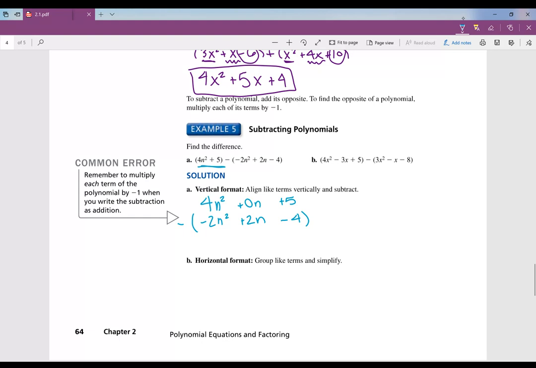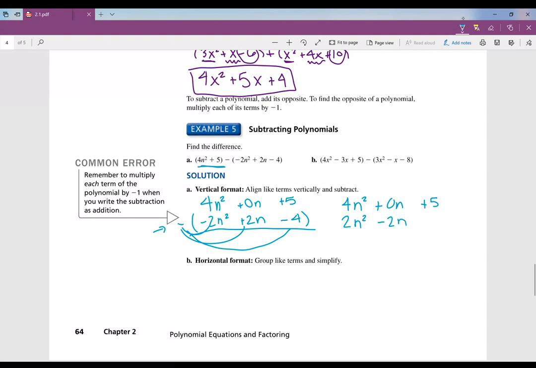So this is really important. We have to remember that we're subtracting. Something that you can do to make this easier is, once you have written it out, you can distribute the negative to each term. So negative times negative 2n squared is going to be a positive 2n squared. And then negative times positive 2n is going to be a minus 2n.